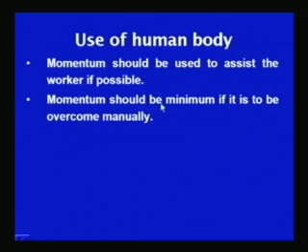If the momentum is used effectively, the effort required by the operator to carry out the same job will be reduced, but in many cases momentum comes against the job which is being done, and in those cases momentum is to be overcome first manually, and under those cases momentum should be reduced to the minimum level if it is to be overcome manually by the operator during the job.